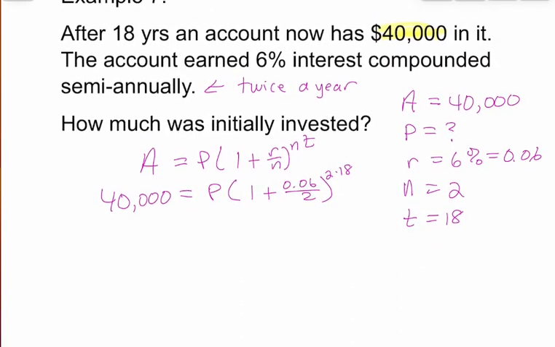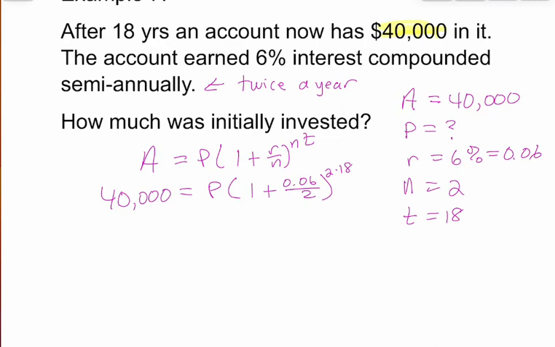Now, what I want to do is get this as accurate as possible first, okay? So 1 plus 0.06 divided by 2, if you enter that into a calculator, 0.06 divided by 2 is 0.03. So that's 1.03. Get that number. Get 2 times 18. 2 times 18 is 36.